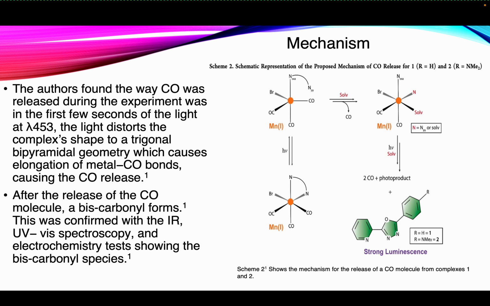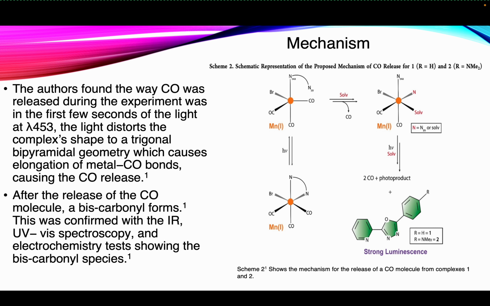You notice that octahedral shape, and then that shape changes to a trigonal bipyramidal shape that causes an elongation of a metal carbonyl bond, causing that carbonyl to come off. Once that carbonyl comes off, you notice an intermediate forming, which is the bis-carbonyl, and that intermediate was confirmed with IR, UV-vis spectroscopy, as well as electrochemistry tests.